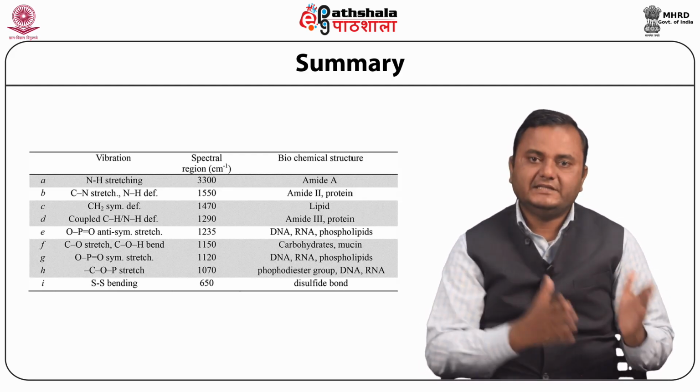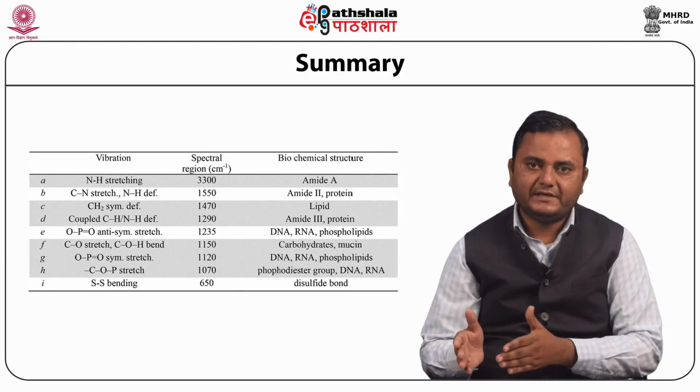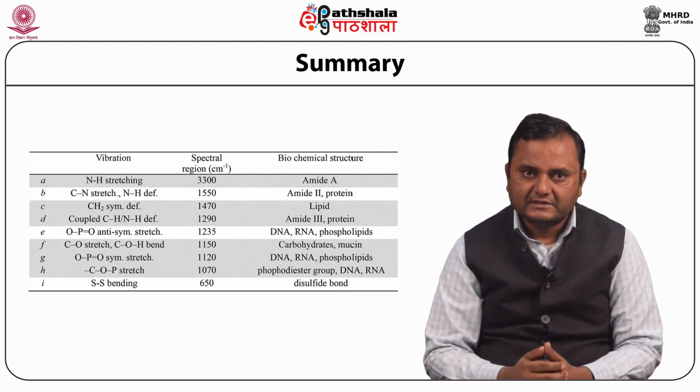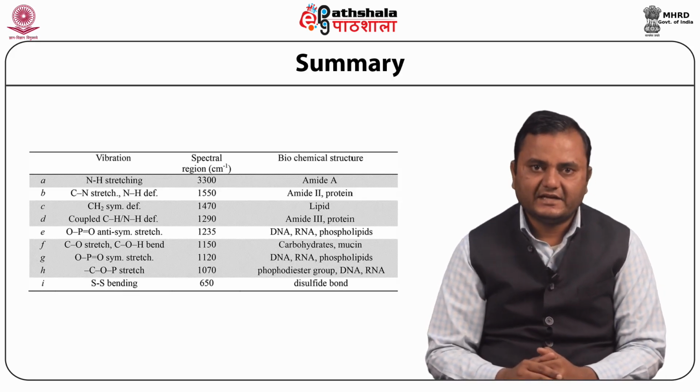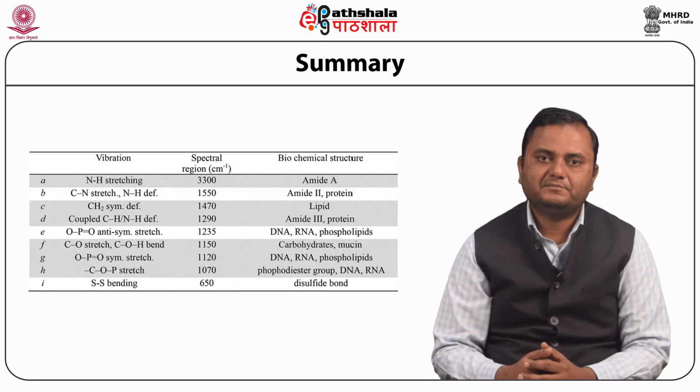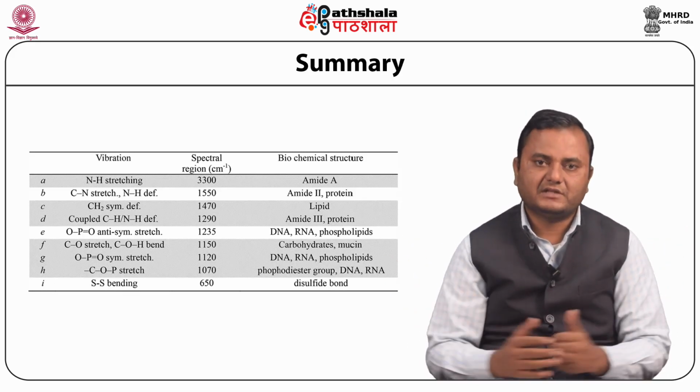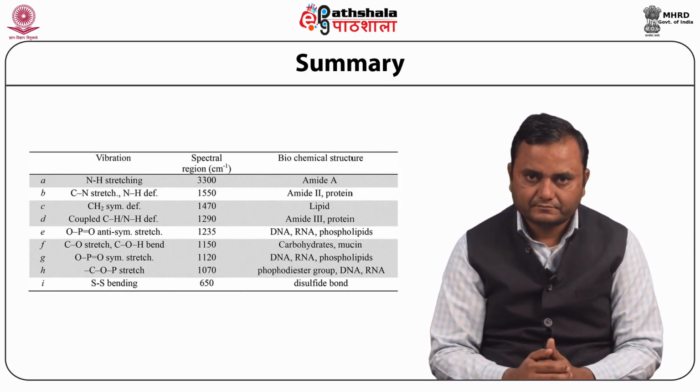If it talks about the DNA, RNA, phospholipid, in the case of nucleotides, there are OPO antisymmetric stretches, and it will give you a peak in the spectral region of 1235.